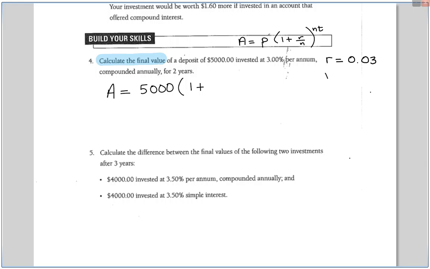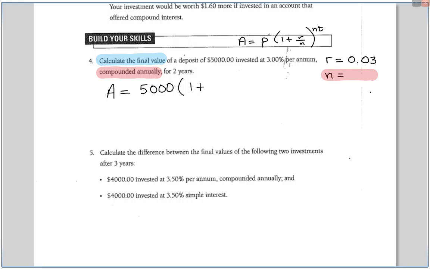Now, N is the number of compounding periods. To find N, you have to look at the English language in the question where it says compounded. That's the only place it'll tell you.